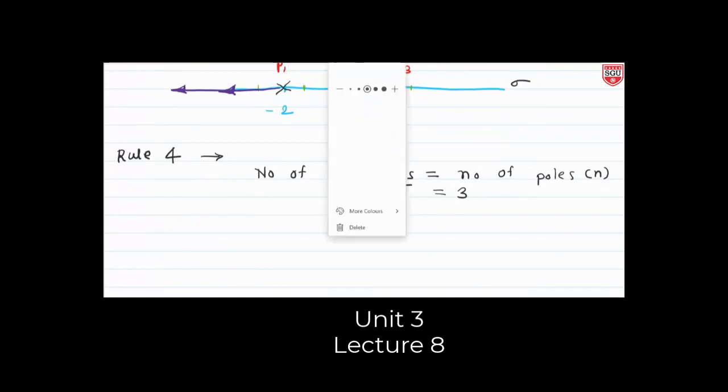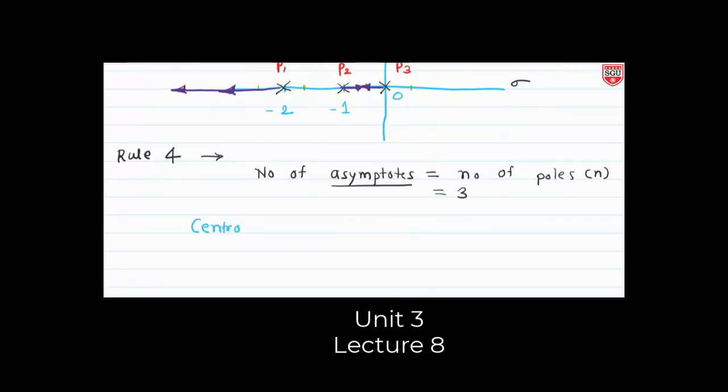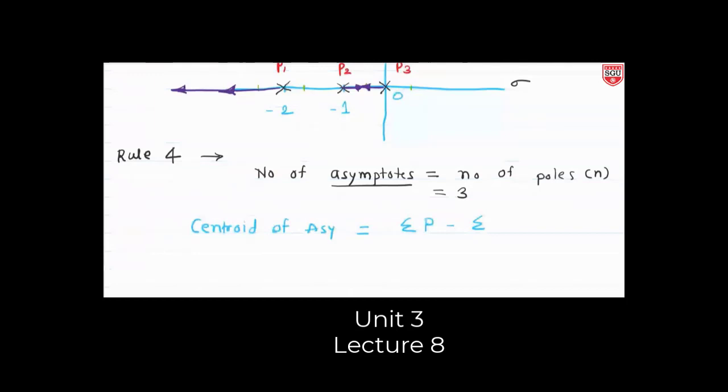The centroid of the asymptotes is equal to, as we saw last time, the summation of real parts of poles minus the summation of real parts of zeros, divided by n minus m.